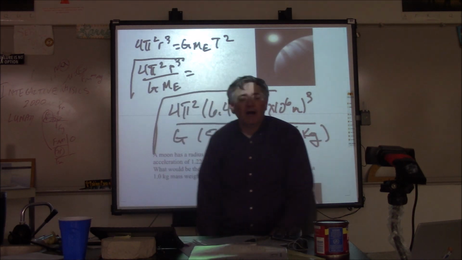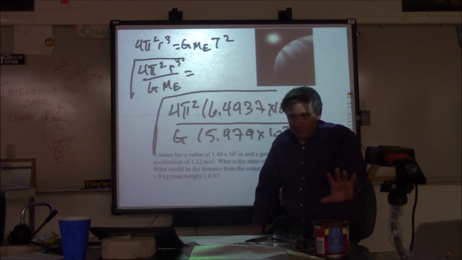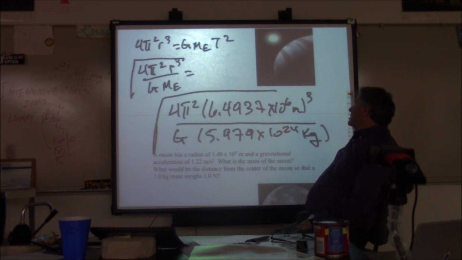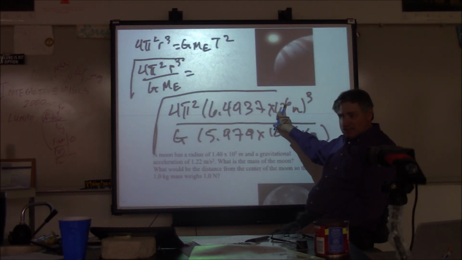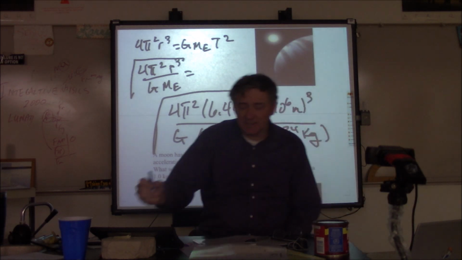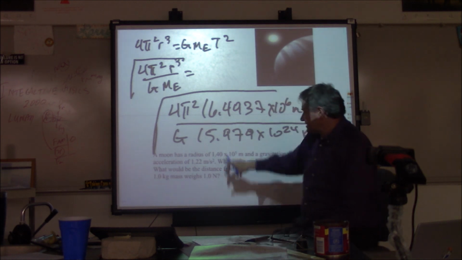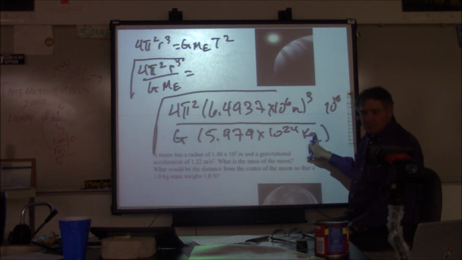Okay, now let's look at order of magnitude again. I got 10 to the 6th, and that's going to get cubed. So up on top, I've got 10 to the 18th. I got 10 to the negative 11th times 10 to the 24th.